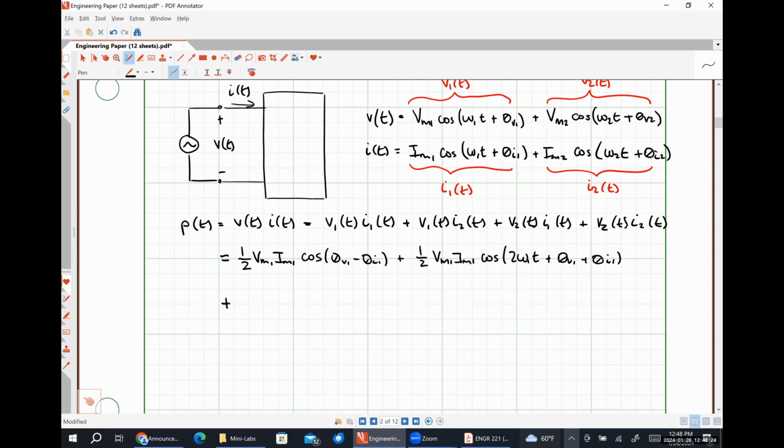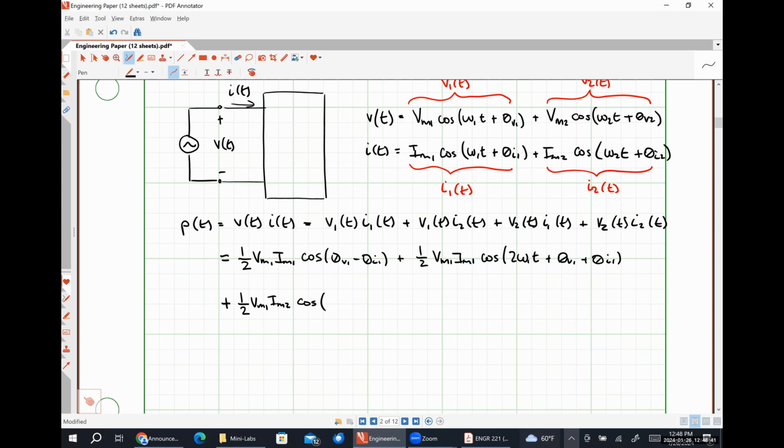Okay. So now I'm going to multiply V1 times I2. So that's going to look like 1/2 Vm1 times Im2 cosine, and now I have to take the difference of these angles, right?